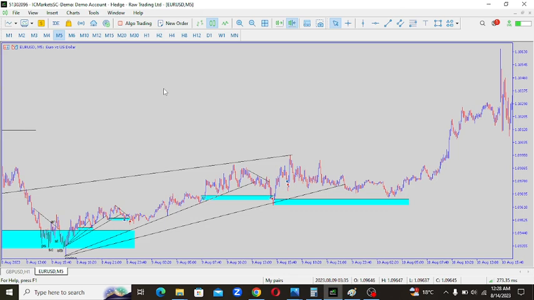At this point, I'm feeling miserable. I missed the best entry. I got a slippage. This one, it hit my stop loss, then went to the upside. This one was a mistake. This one, it didn't trigger. You see?